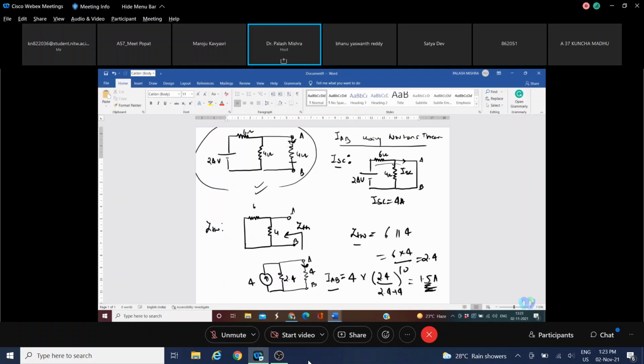It should come same. You can verify also. So instead of applying the two equations here, this Norton's theorem may be simply applied to directly find the short circuit current and the ZTH value. And directly you can find the value of voltage or the current across that element.